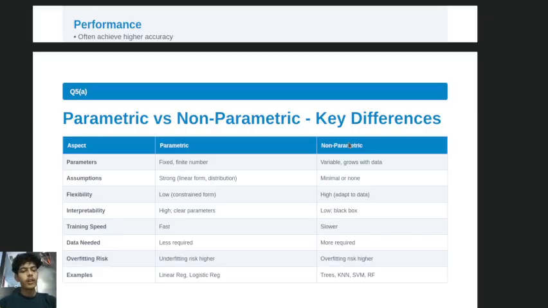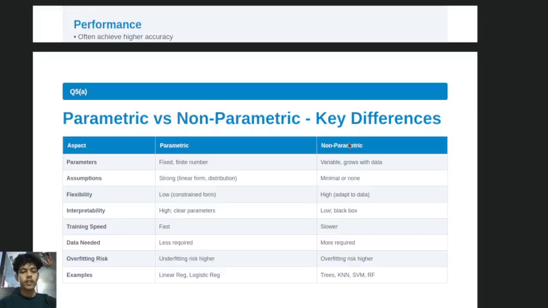Interpretability of parametric is high with clear parameters, while non-parametric is low and a black box. In parametric the training speed is fast, but in non-parametric it is slower, and the data needed in parametric is less, while in non-parametric it is more.